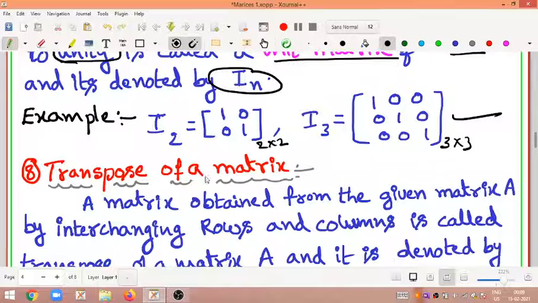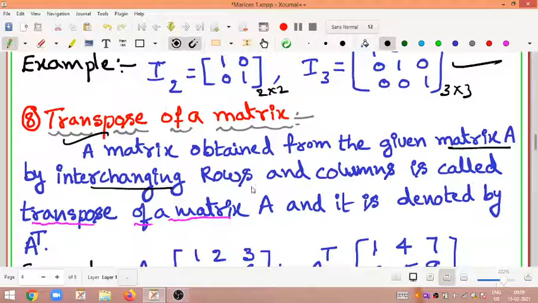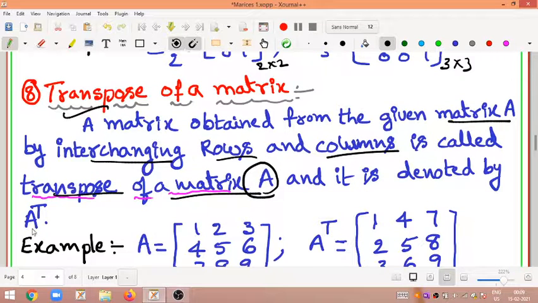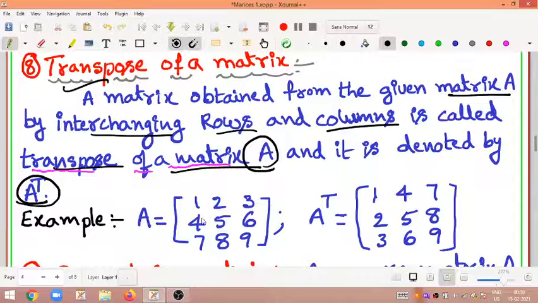Transpose of a matrix. A matrix obtained from the given matrix A by interchanging its rows and columns is called the transpose of matrix A, and it is denoted by A transpose. For example, if A is 1, 2, 3, 4, 5, 6, 7, 8, 9, then its transpose is 1, 4, 7.